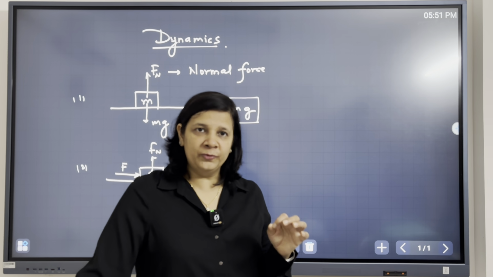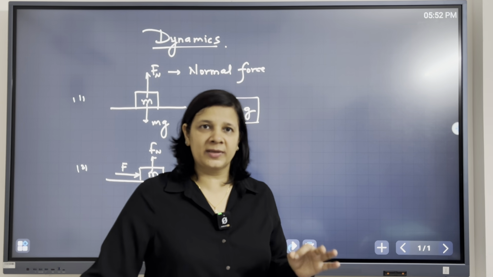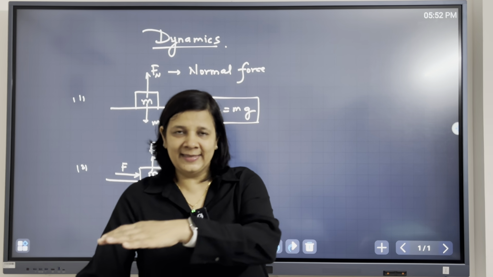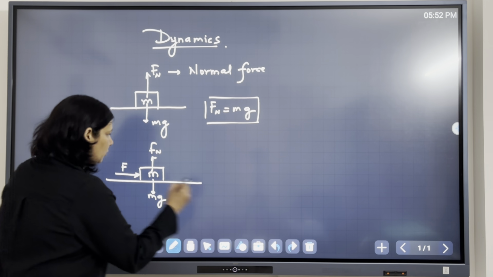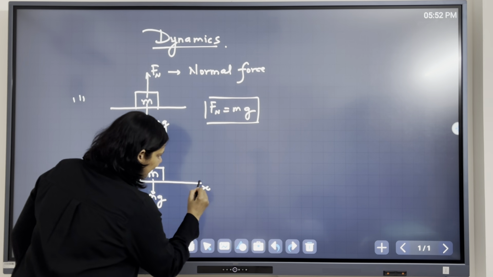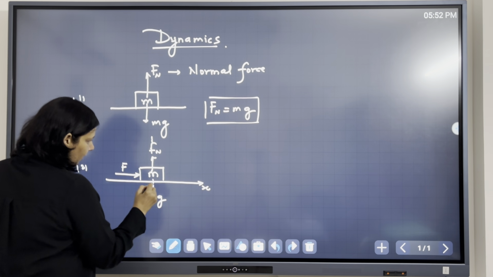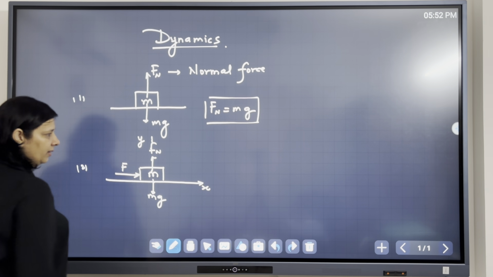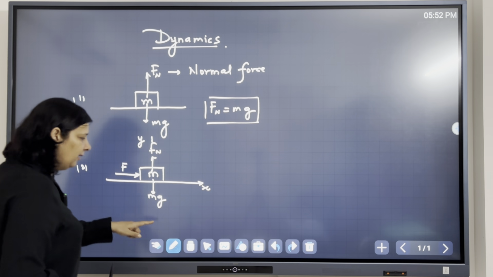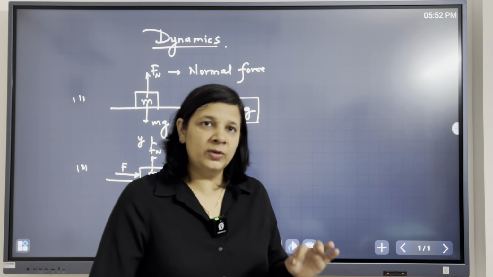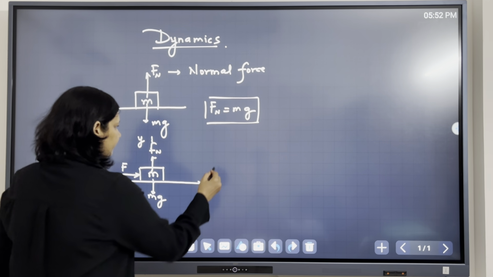We have to apply Newton's second law, F net is equal to mass into acceleration, along the x-axis and along the y-axis separately, okay? So in this case, this is the x-axis and this one is the y-axis, right? In the y direction, the force is still only the gravitational force, so the normal force will be equal to mg, right?